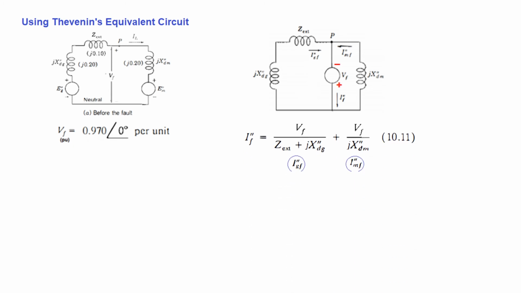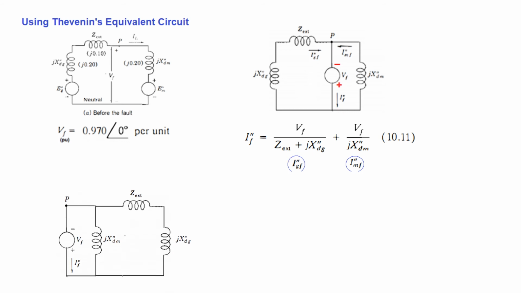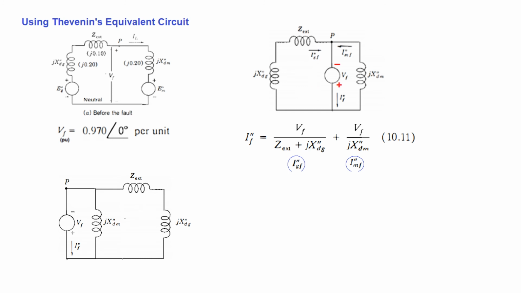And so from here now we can find the total current easily. This voltage divided by these two impedances will give you the generator fault current, and from this side it is the motor fault current, and the summation is the total fault current. Okay, now this circuit can be rearranged like this, and it can be further simplified.